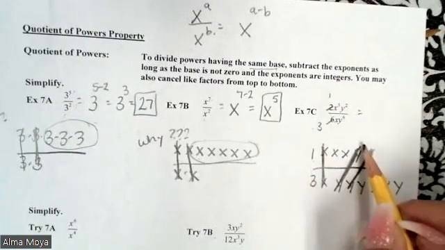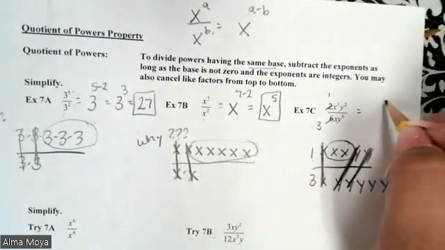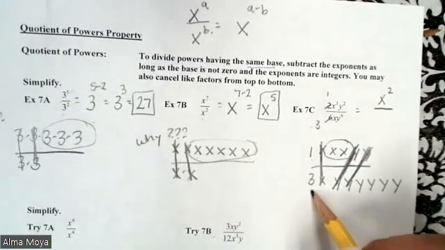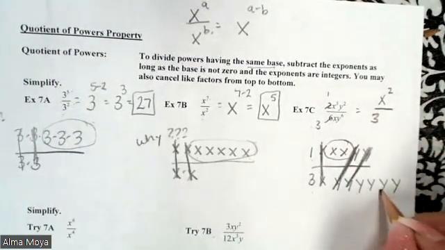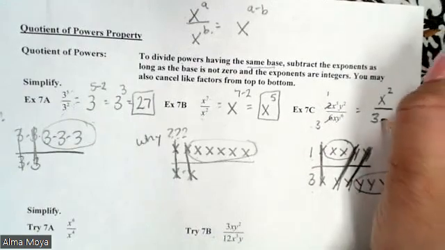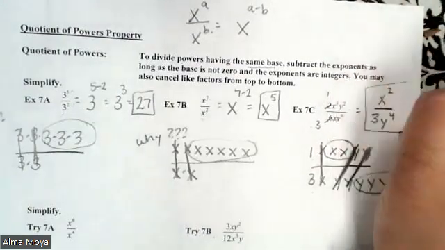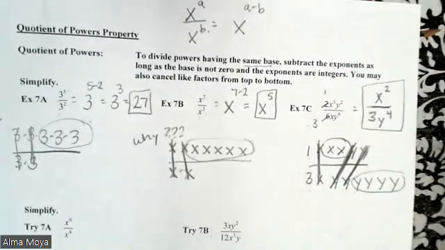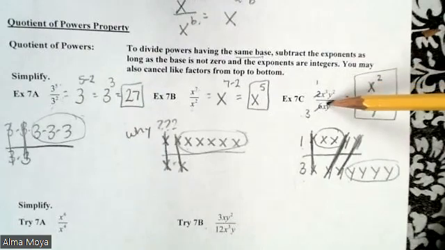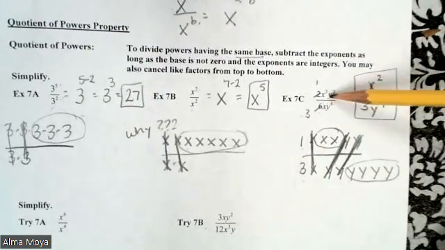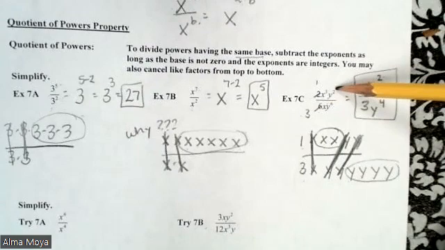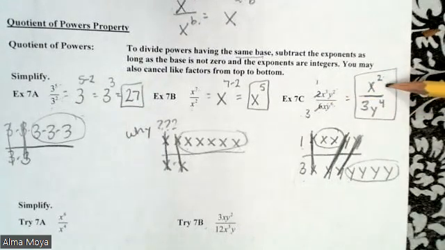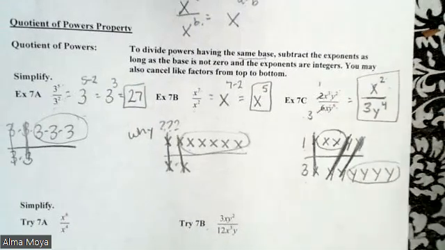You don't need to write the number 1, but I'm left with 2 x's, and those are in the numerator. In the denominator, I have a 3, and I have 1, 2, 3, 4 y's. I have 4 y's. So this was easier if I just write it all out. Because look, if you would have taken the top power, 3, minus the 1, that gives you the 2. If you would have taken the top power on y, which is 2, minus 6, that's going to be a negative 4 power. So y to the negative 4, which means it's going to be in the denominator.